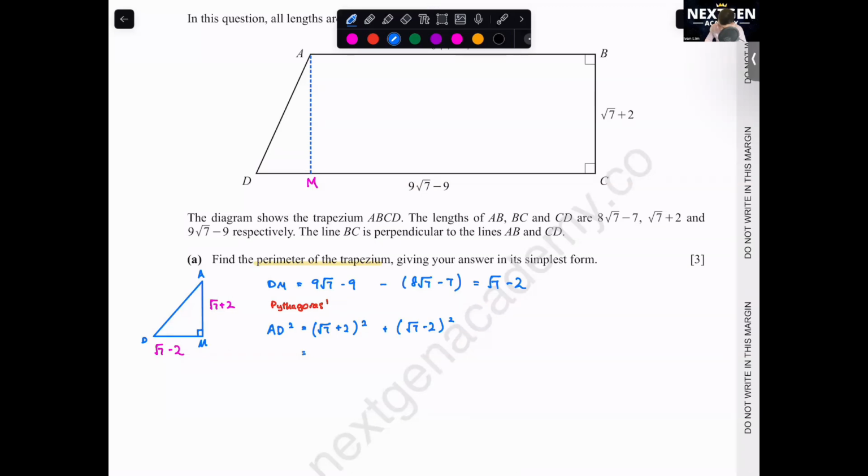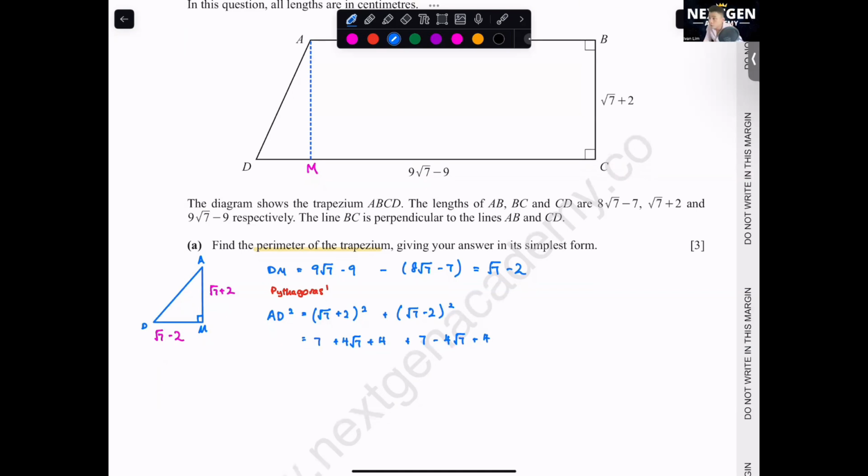We will get 7 plus 4 root 7 plus 4 plus 7 minus 4 root 7 plus 4. Okay. Wait, did I do something wrong here? Let me check the value.